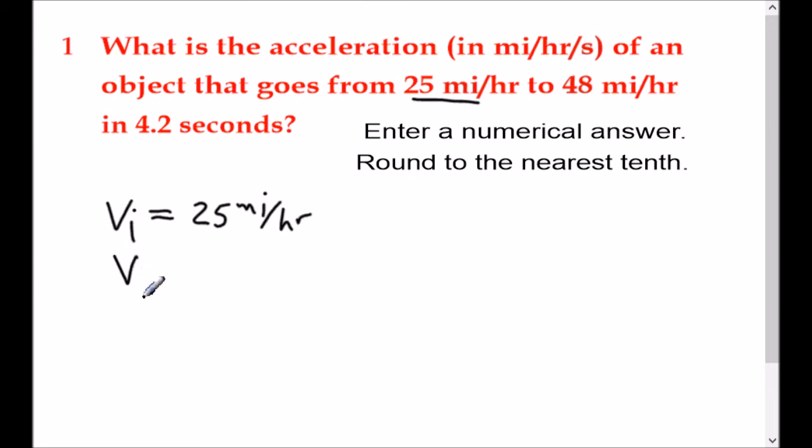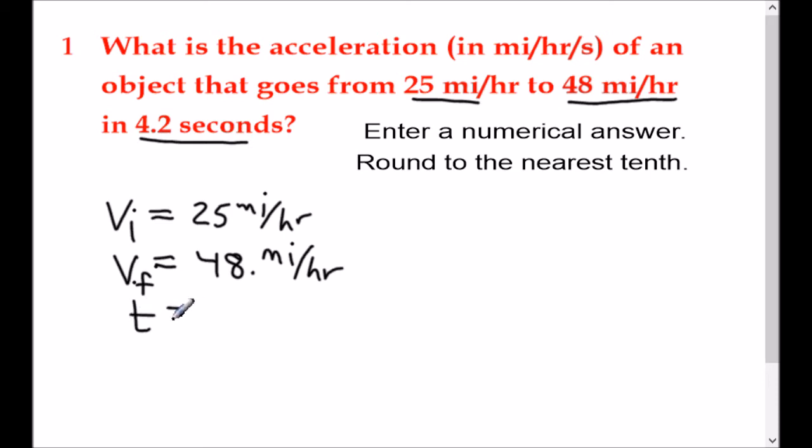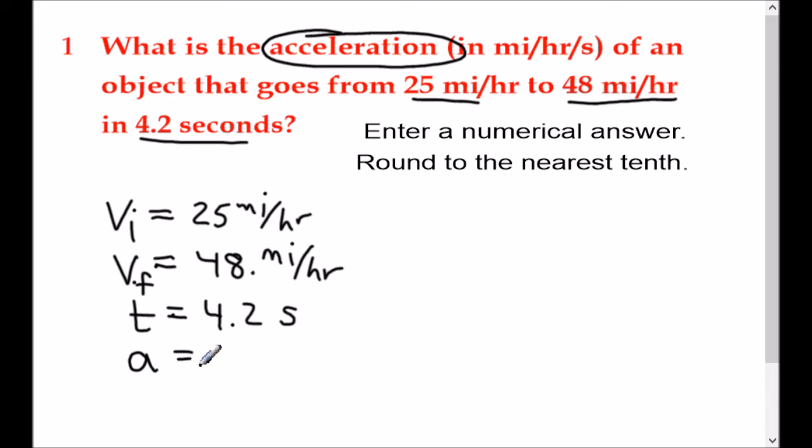The final velocity is 48 miles per hour. That's the speed that it has at the end of its acceleration. The time that it took to do that is 4.2 seconds. I'm trying to find the acceleration of the car. That's what I'm looking for.